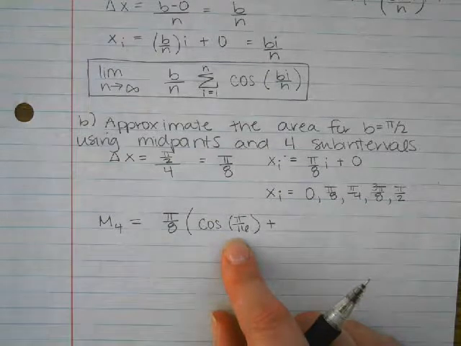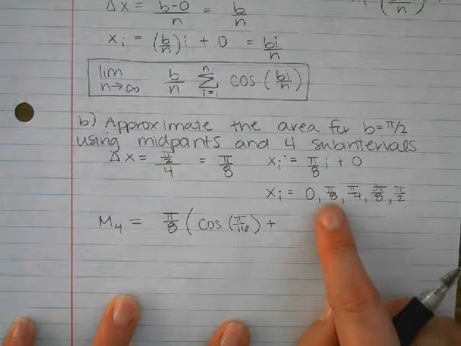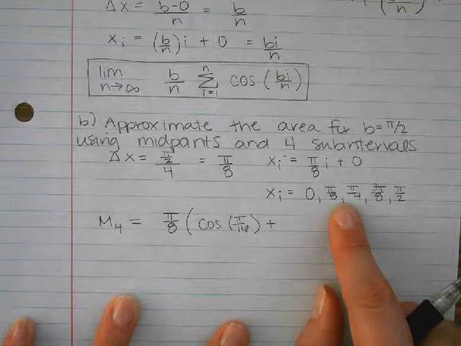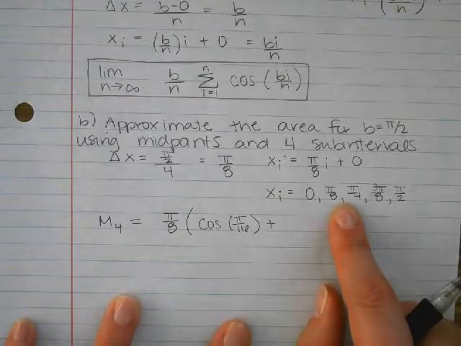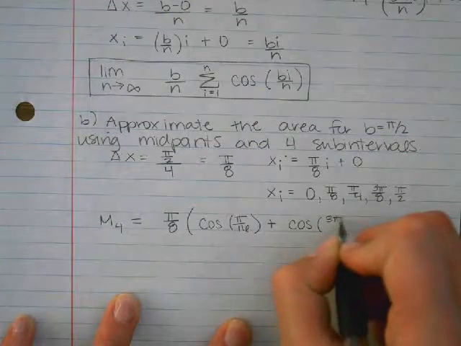So what number is halfway between 1/8 and 2/8? 3/16 is what's in between. So cos of 3 pi sixteenths.